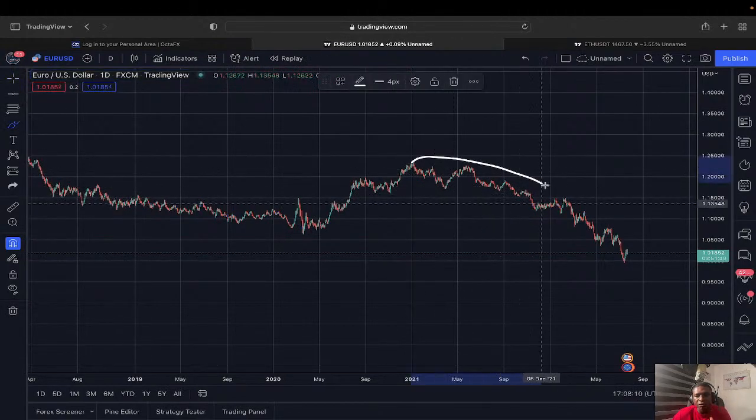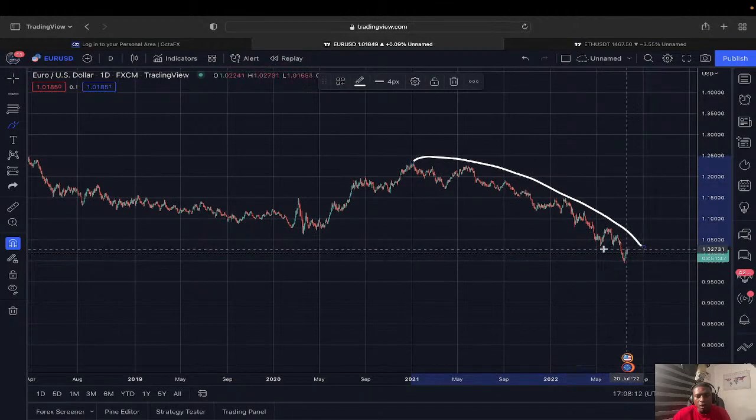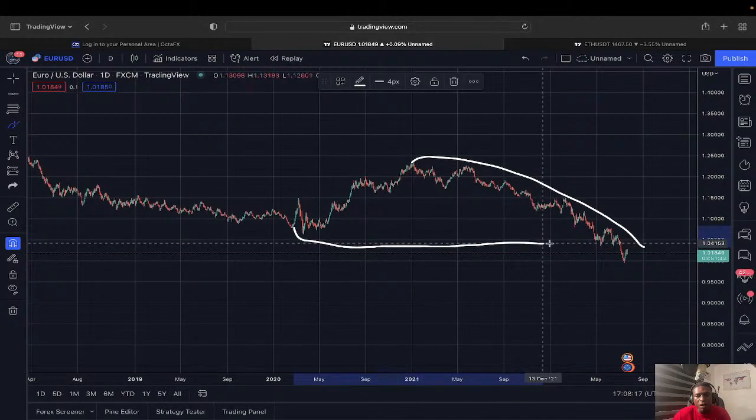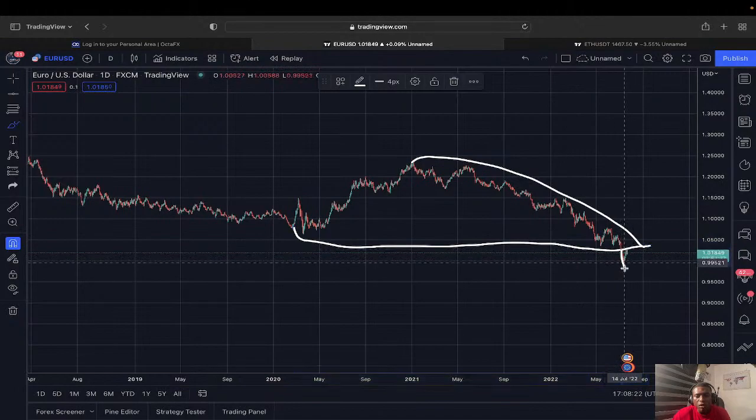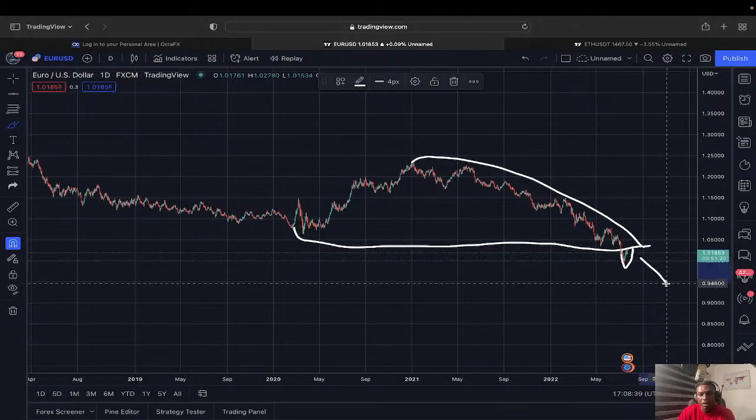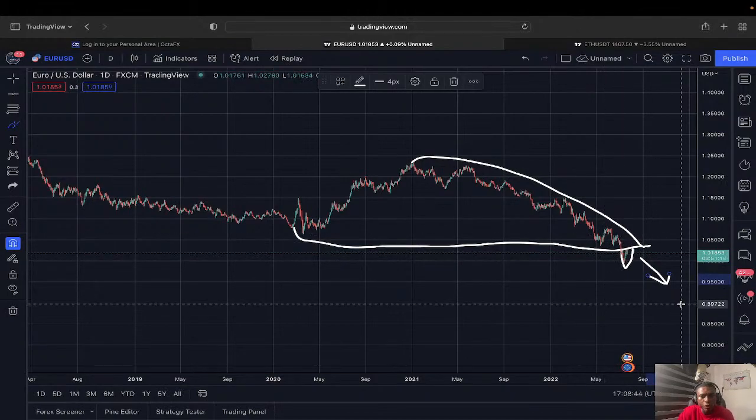We're able to identify that this level was a level of support, which was later broken, and now there is a retest. After a retest following a breakout, it leads to continuation of the market direction. So we are looking out for a continuous downpour.